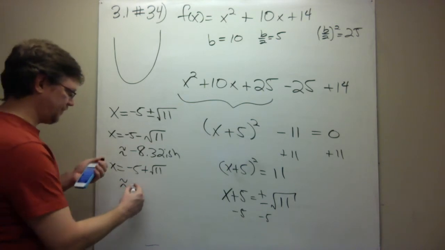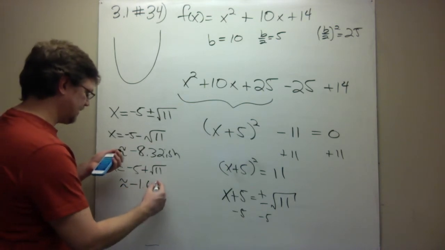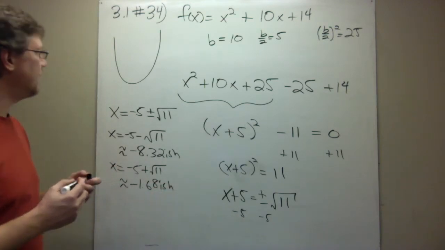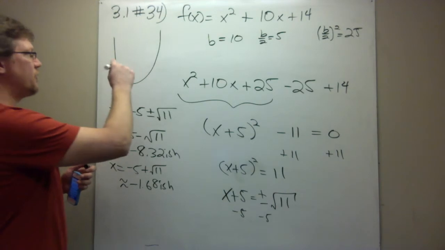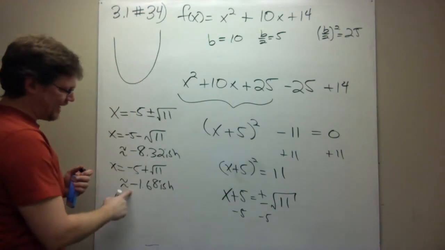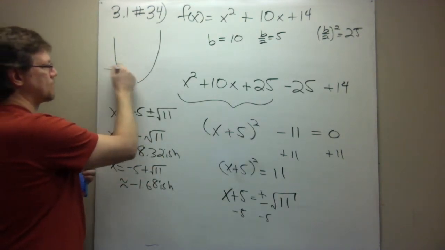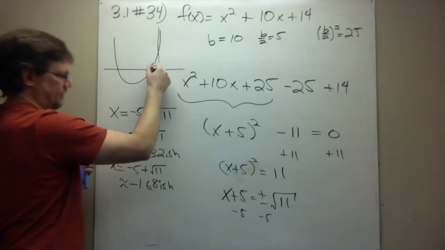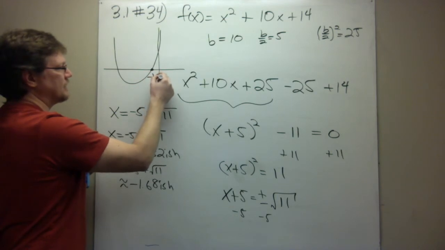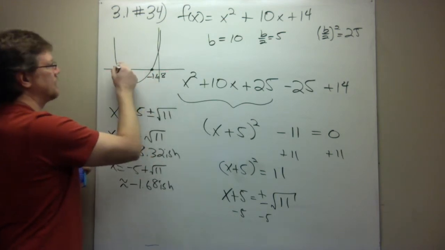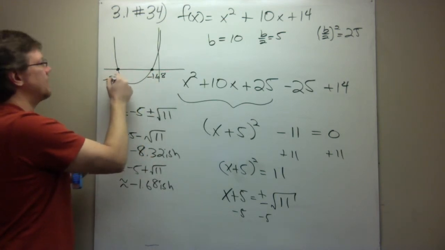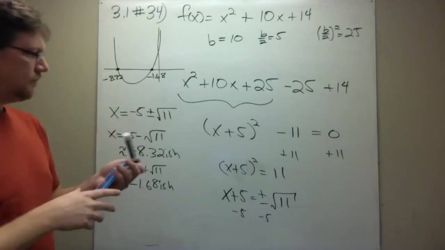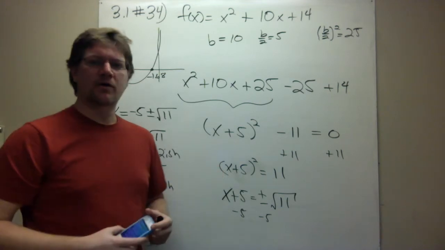This is about negative 1.68-ish. Okay? So both my axis crossings are on the negative side. So it's going to be something like negative 1.68, about negative 8.32.